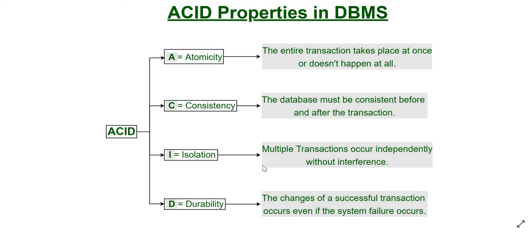Now, next we move on to the last one, which is D, and it stands for durability. What it says is that the changes of a successful transaction persist even if a system failure occurs.